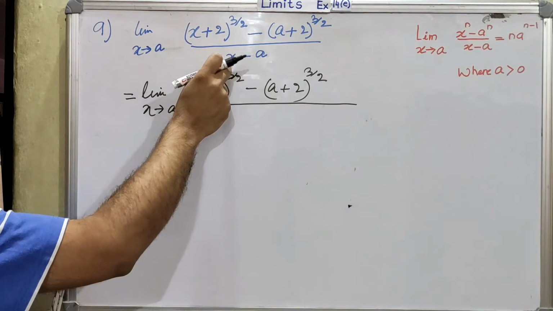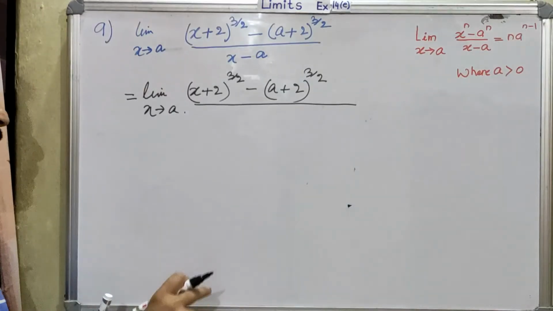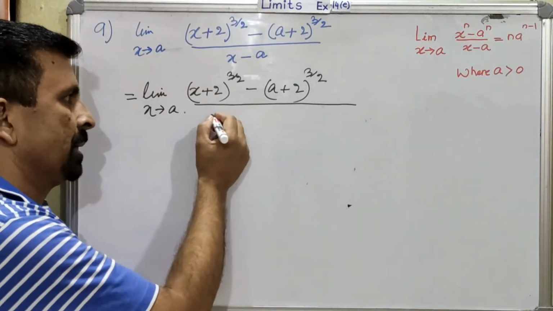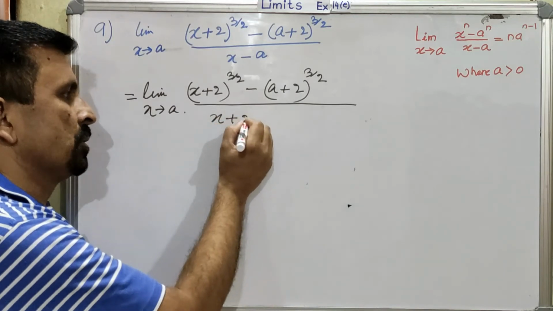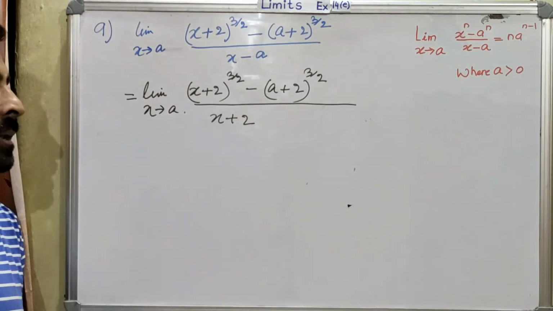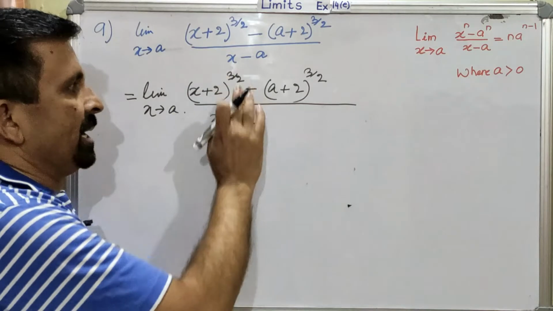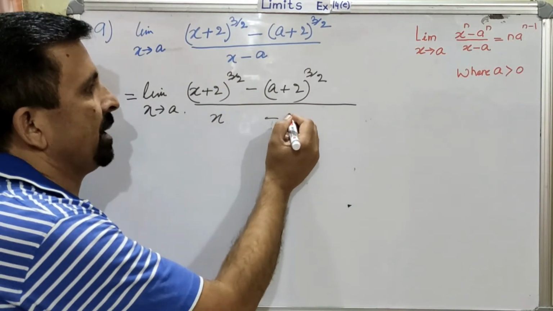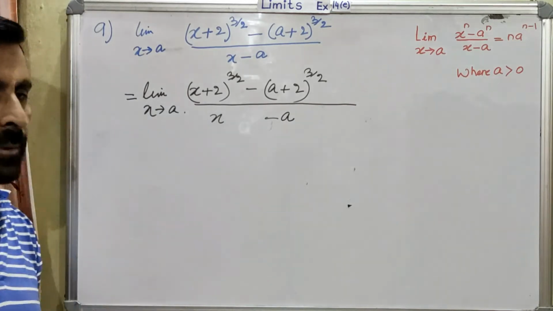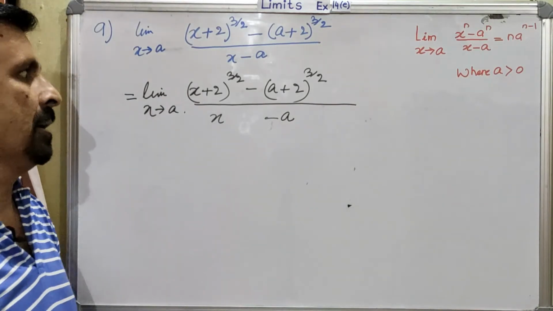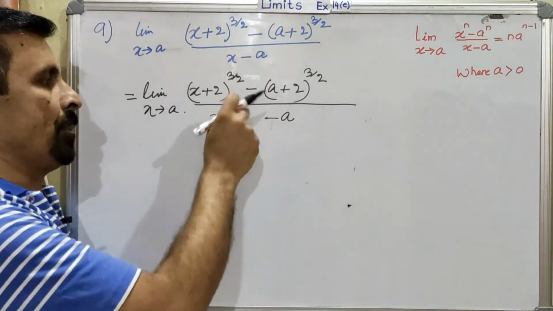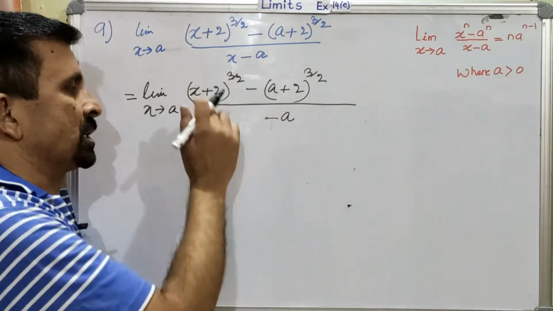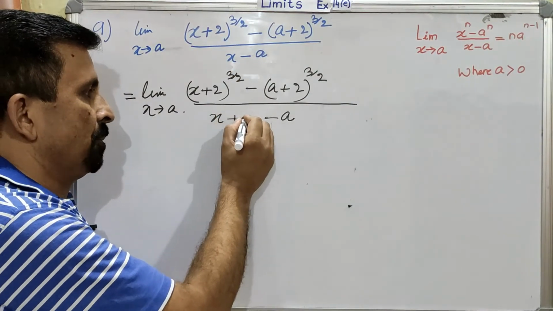In the numerator, in place of x, I am expecting this x plus 2. The denominator is actually x minus a. Let me first of all write x minus a. I am writing it a little separately because I have to do some adjustment. First of all, I just copied it. Now I want x plus 2, so I am writing plus 2.